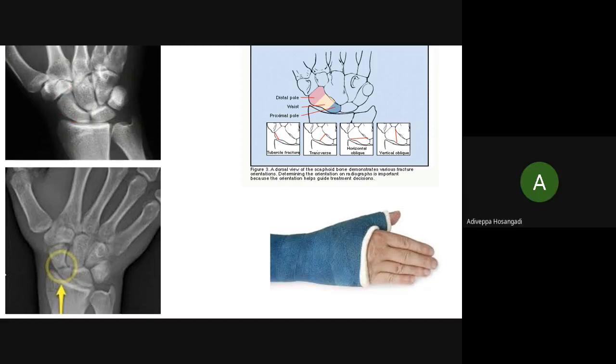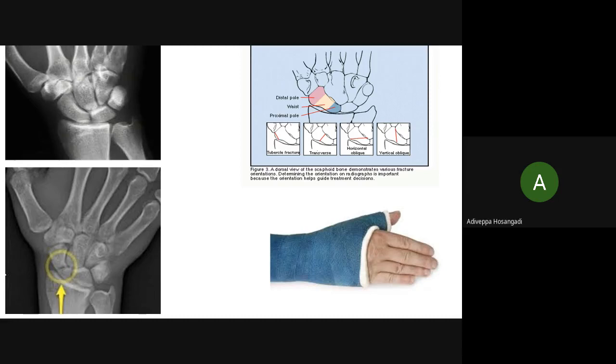And what is important is scaphoid is almost 100% intra-articular except for the scaphoid tuberosity. So what happens? The problem with an intra-articular or intracapsular bone is non-union. Just say for example, intracapsular neck of femur, talus neck, and scaphoid.